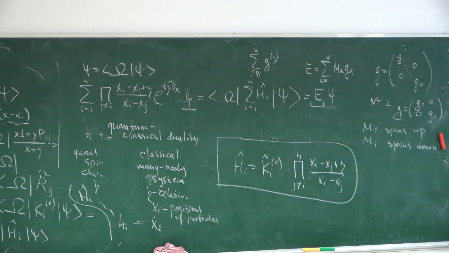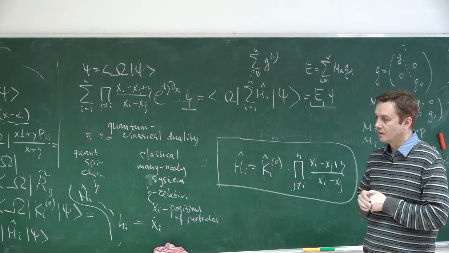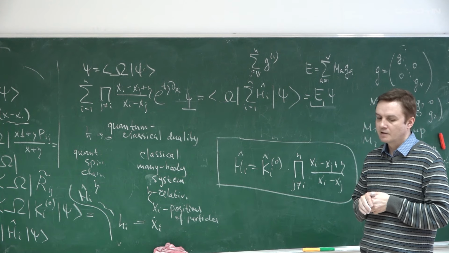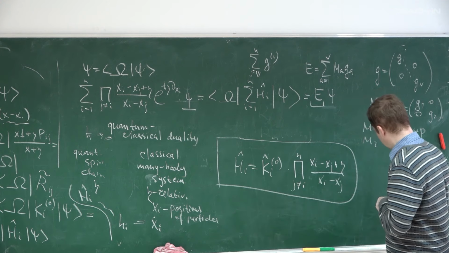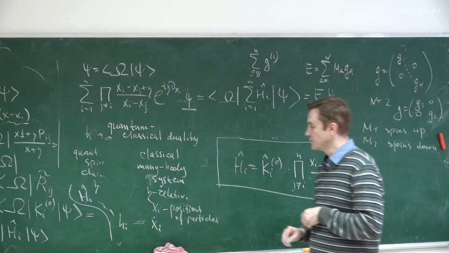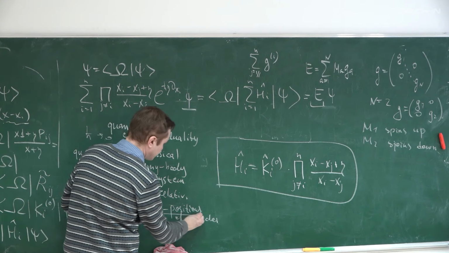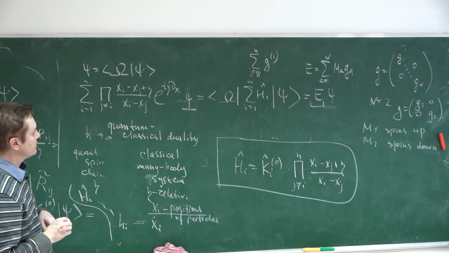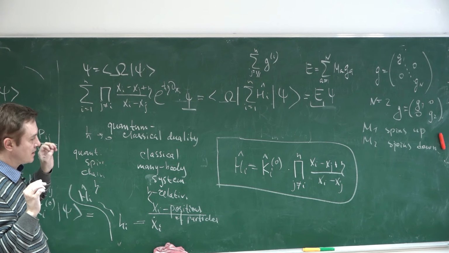For example, one reason: you may naively think in the following way. I don't need Bethe ansatz anymore. Instead of trying to solve the spin chain by Bethe ansatz, I may consider a classical many-body system and formulate my task in the following way. I fix one Lagrangian manifold, which corresponds to fixation of positions of particles, and another Lagrangian manifold is a fixation of some levels of action variables.